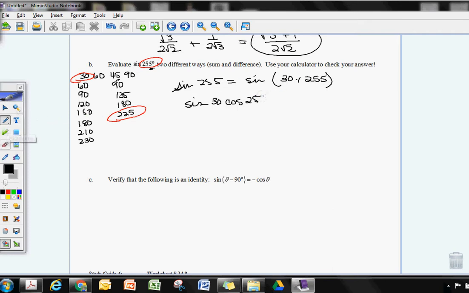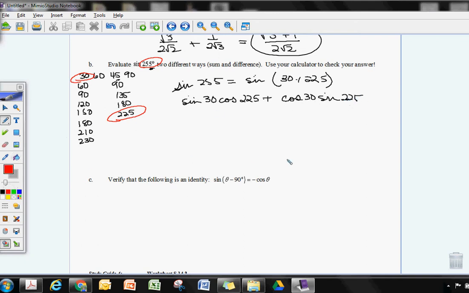I think I've said the wrong number, and I wrote the wrong number here. 225. Oops. Let's start again. Sine of 30 times the cosine of 225 added on to the cosine of 30 times the sine of 225.